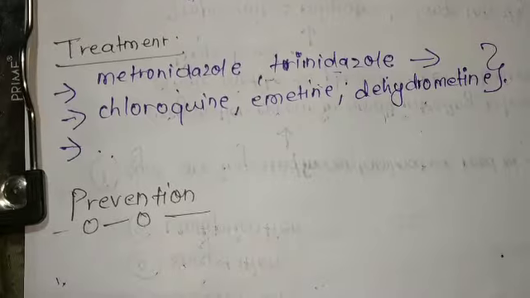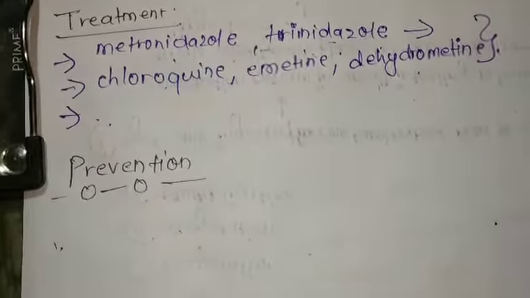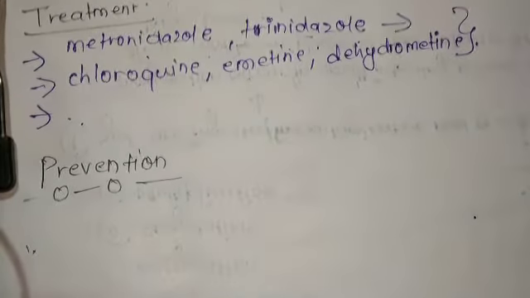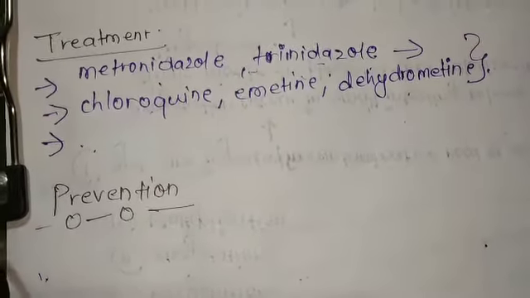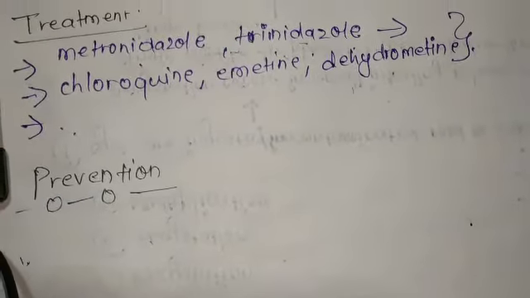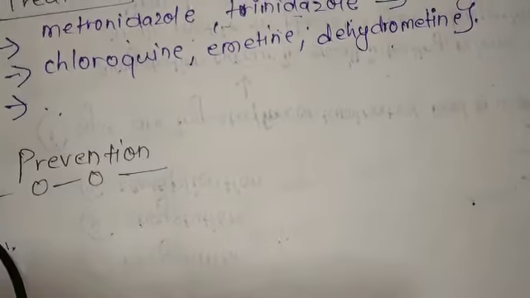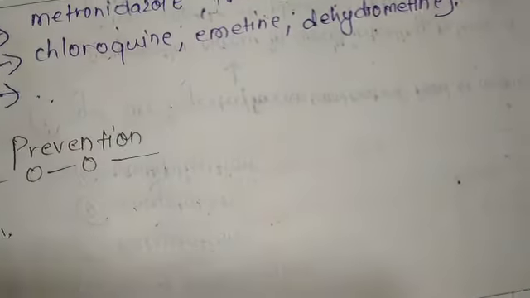And avoid passing stool in the open ground. The PMO has given many plans to prevent this, like people should not go outside to pass stool. They should do all this at home only.